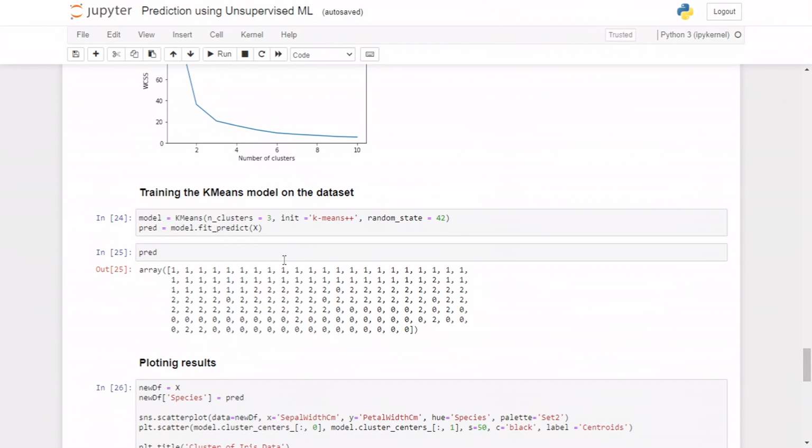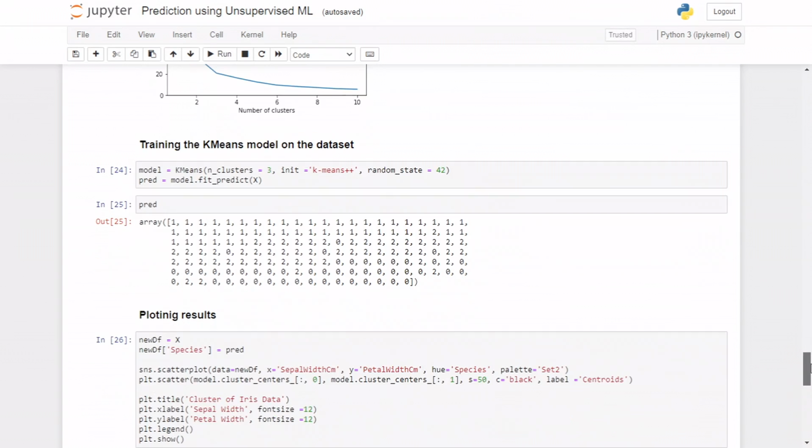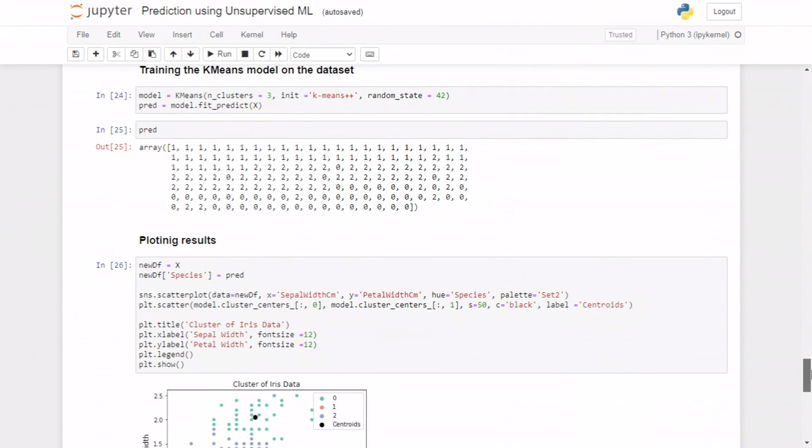So we are training the model using n_clusters equal to 3, and the random state can be any number for the distribution of the data. Our prediction shows three types of clusters: 0, 1 and 2, and our prediction is 1 1 1 1 1 2 0 like that.